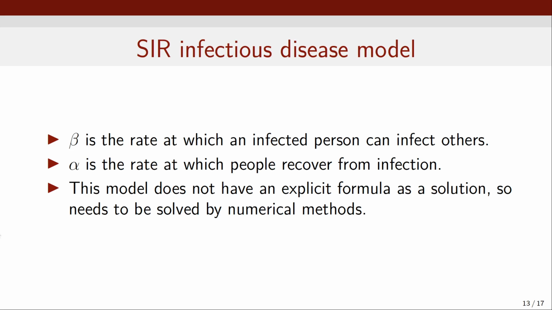In particular, the constant beta is the rate at which an infected person can infect others, and alpha is the rate at which people recover from infection.